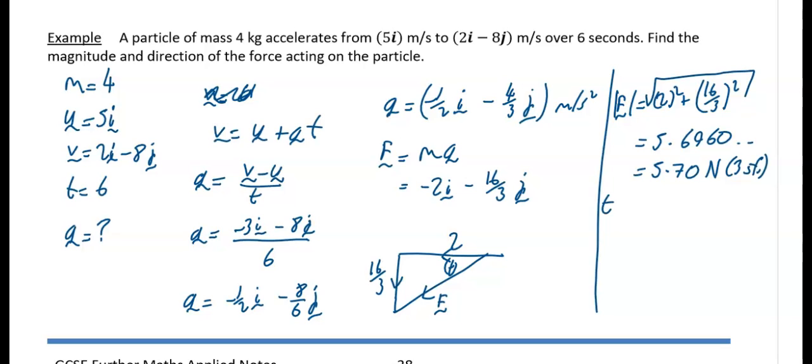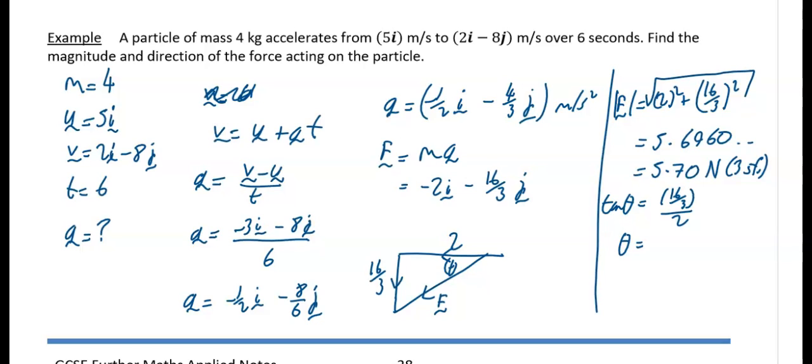And then I have my tan theta. Tan, remember, is opposite over adjacent. So 16 over 3 being divided by 2. So that means your theta is equal to tan to minus 1 of 16 over 3, and then that's being divided by 2.